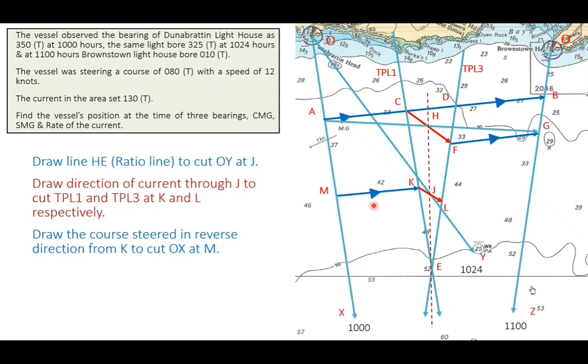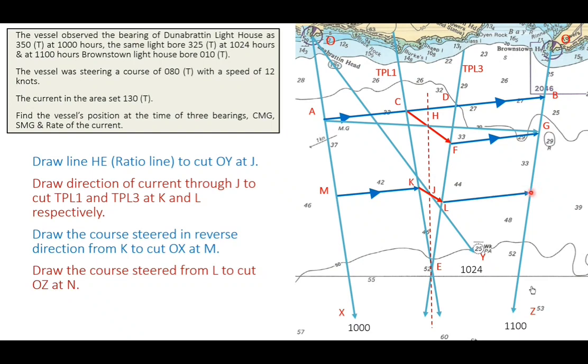Moving on to the next step now. I keep my parallel ruler aligned with my course steered, that is 080 direction, and now transfer it to point L. So from point L, I'm going to draw a course steered line in the ahead direction. From point L in the direction 080, I have drawn my course steered vector.